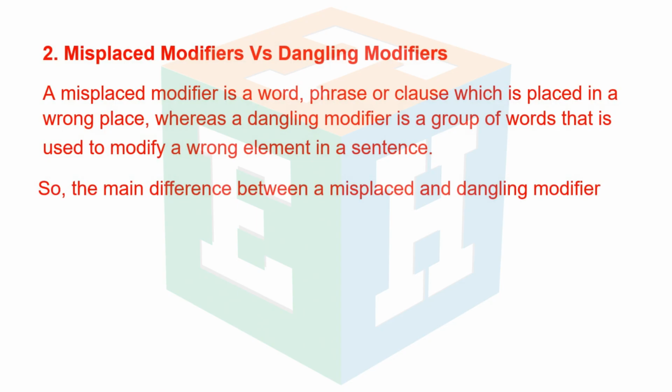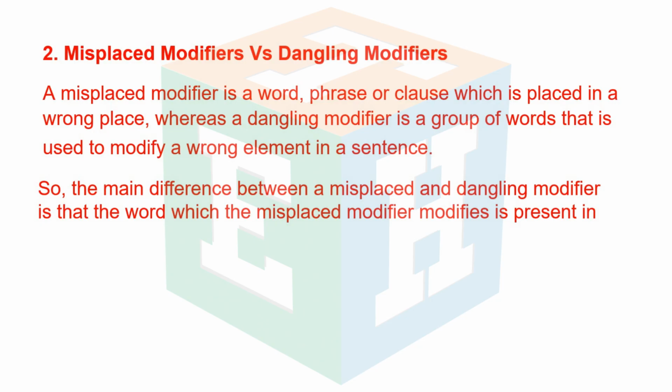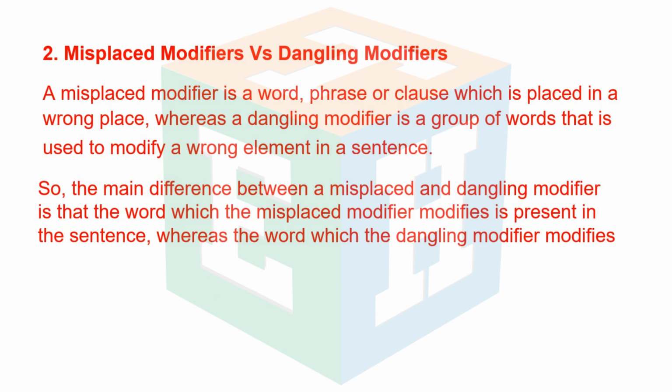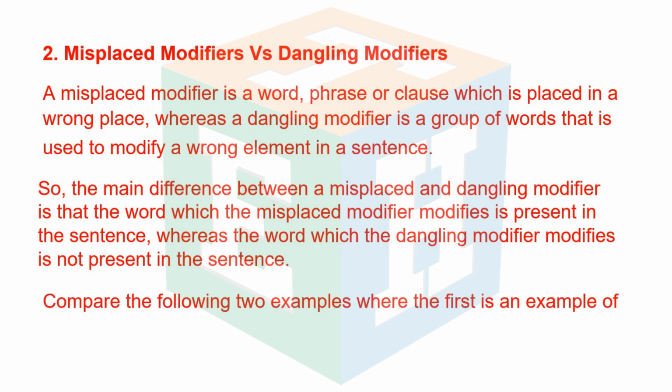So, the main difference between a misplaced and dangling modifier is that the word which the misplaced modifier modifies is present in the sentence, whereas the word which the dangling modifier modifies is not present in the sentence.